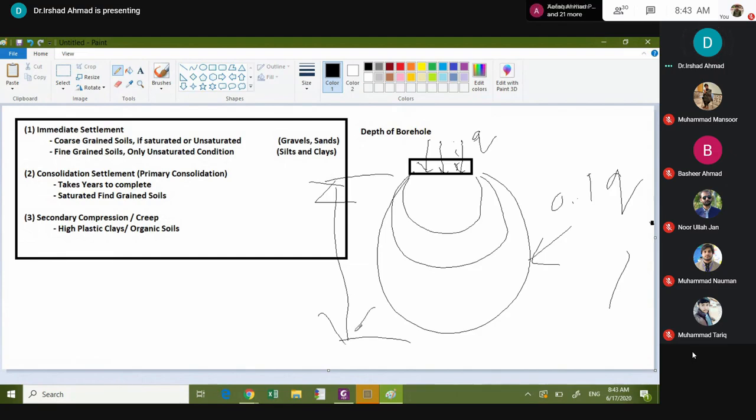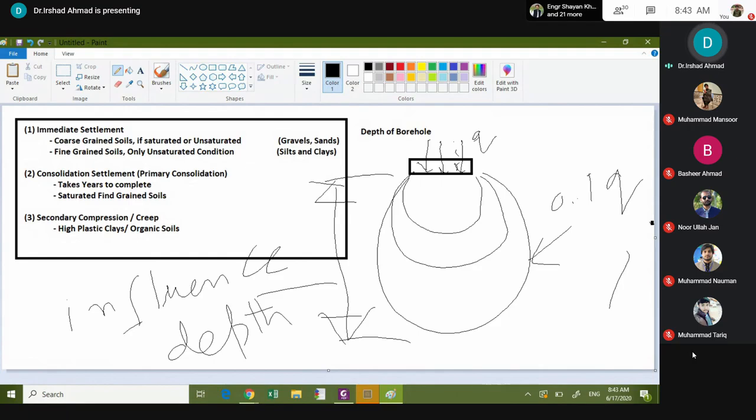This is called influence depth or significant depth. This is the depth which is 10% of the applied intensity, and you must know the soil information within this depth.